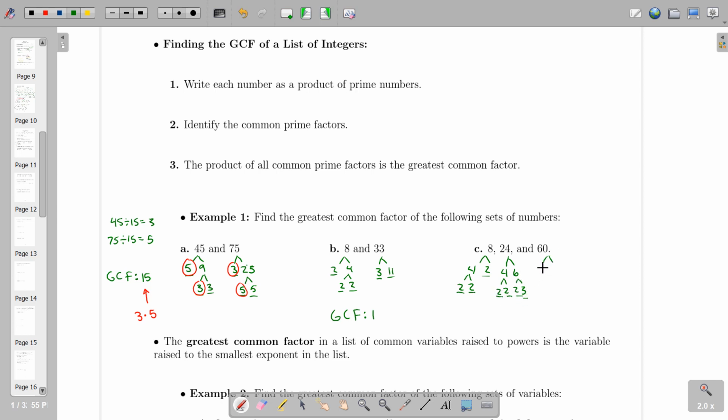And then 60 is 6 times 10, which is 2 times 3 and 2 times 5. And so what I'm looking for here is what do they all share? All three of them have to share it. So if I circle this 2, I can circle that 2 and that 2. So they all share at least one common factor of 2.